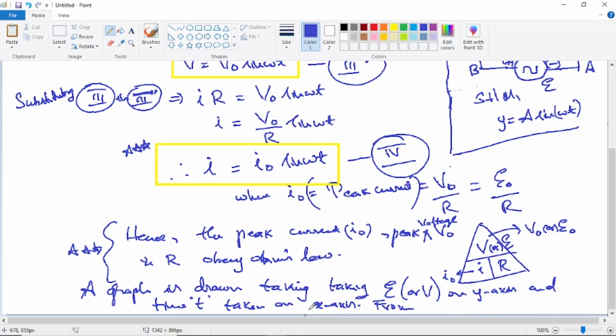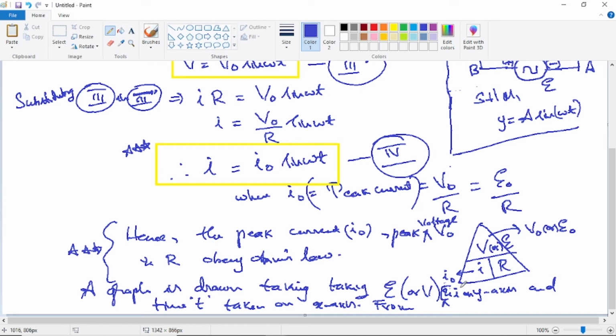Taken time t on the x-axis and E or V on the y-axis. Not just E or V and time t, even current can be taken on the y-axis. That can be indicated here. Actually there is no place here, so I'll try to write it as clearly as possible: E or V and I on the y-axis.